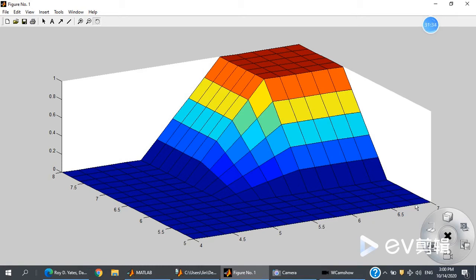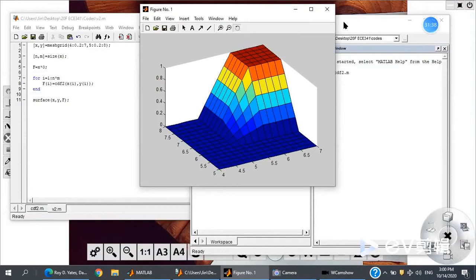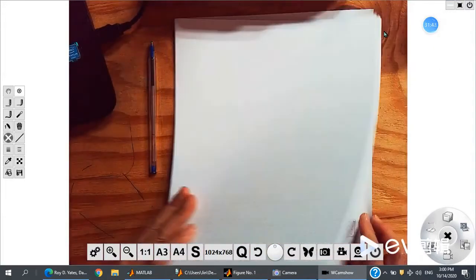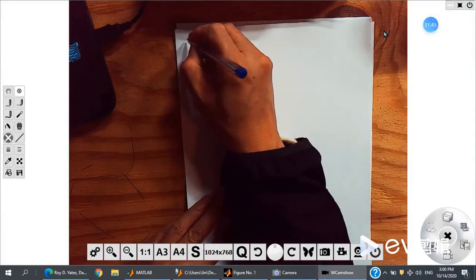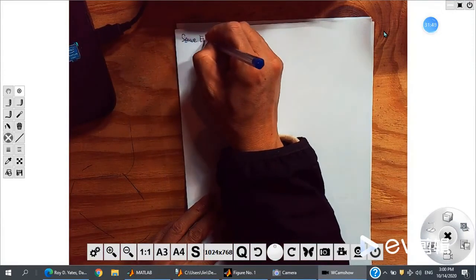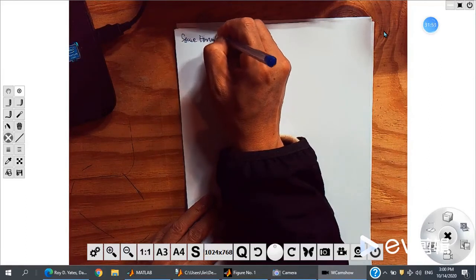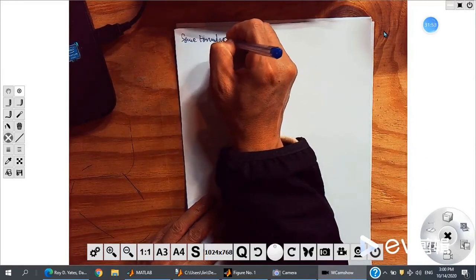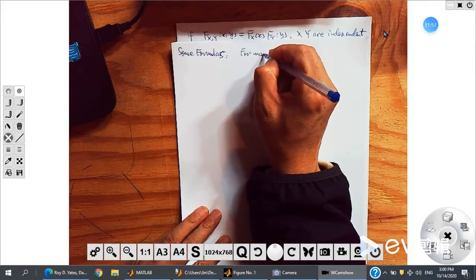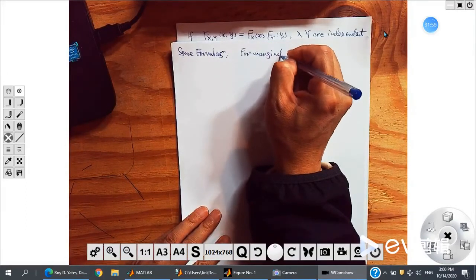I listed the formulas here in case. Formulas for the marginal distribution.